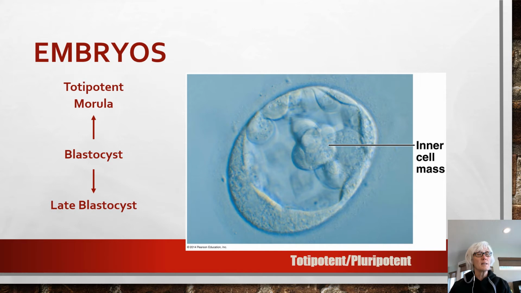Cells in the blastocyst, in the late blastocyst, or beyond that are pluripotent because they cannot become the placenta. And in fact, the longer we go in human development, the more specialized cells become, and therefore the less potent they become.